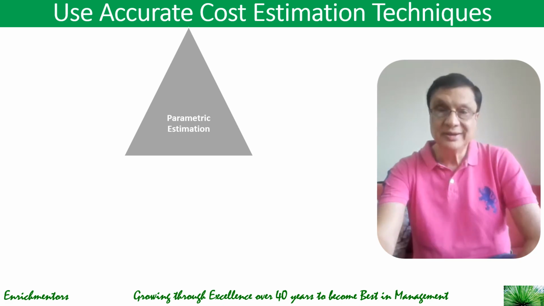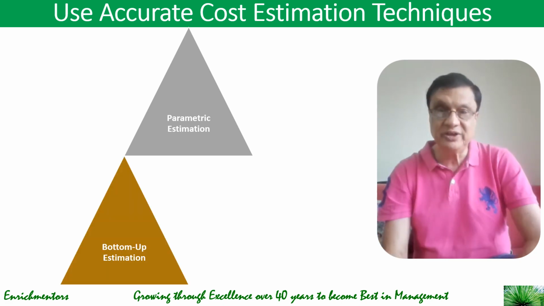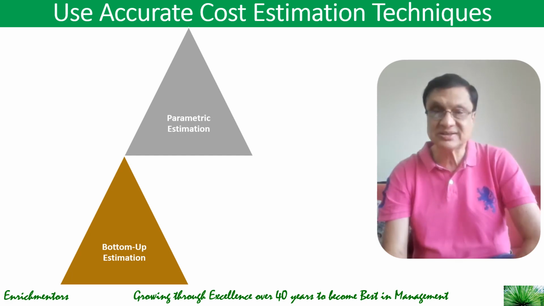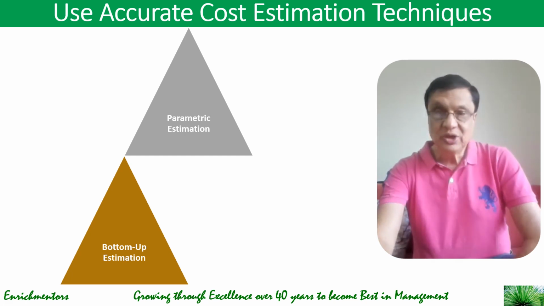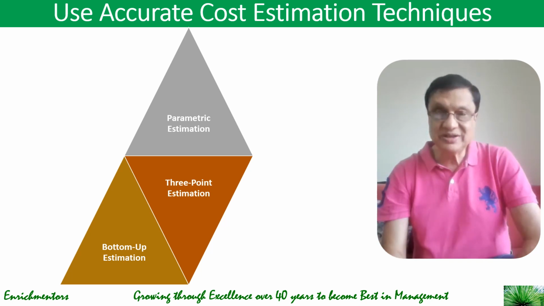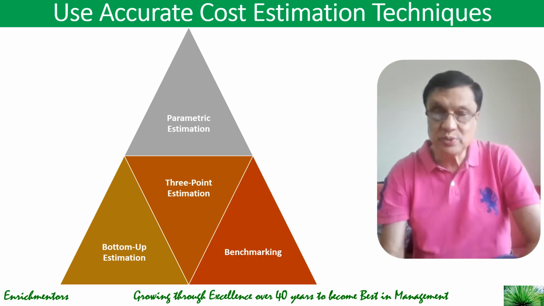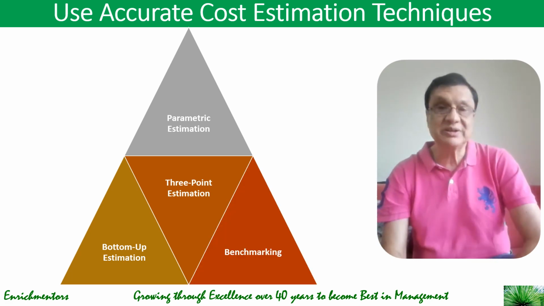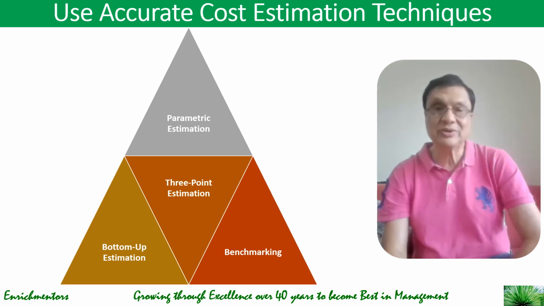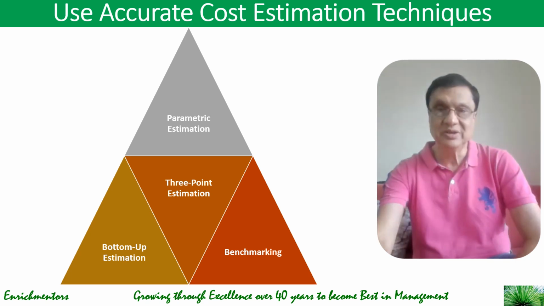Then there's another alternative, bottoms-up estimation, where you estimate costs at the task level and aggregate them for the total budget. Also, you can do 3-point estimation, where you calculate optimistic, pessimistic, and most likely cost to create a weighted average. And then you compare estimates with industry standards or similar projects to see how accurate your cost estimate is.